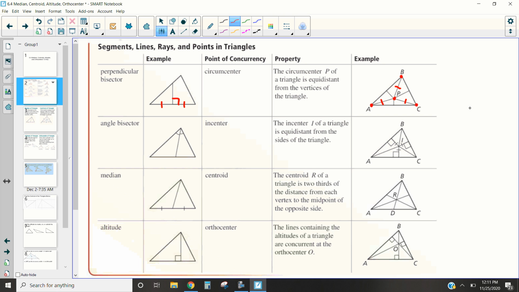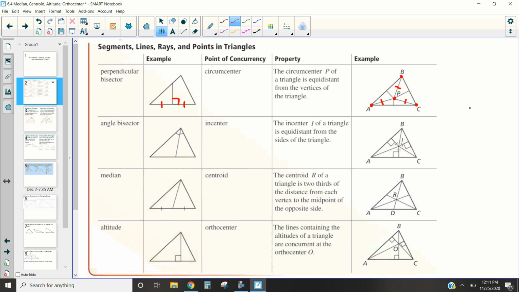Now, another one that we're going to talk about is called an angle bisector. Angle bisectors are lines, segments, or rays that split an angle exactly in half so that it's the same degree on either side of that line. And when we find the angle bisector of all 3 angles in a triangle, we actually get a point that they all cross at, that point of concurrency, called the incenter.